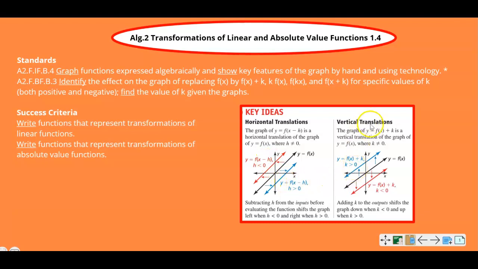All right, a vertical translation is going to be along the y-axis. So your vertical translation is going to be up or down. So you can see k is outside of the parentheses. It's not next to your x because it's y equals f of x plus k. So it's going to move up or down depending on what k is.